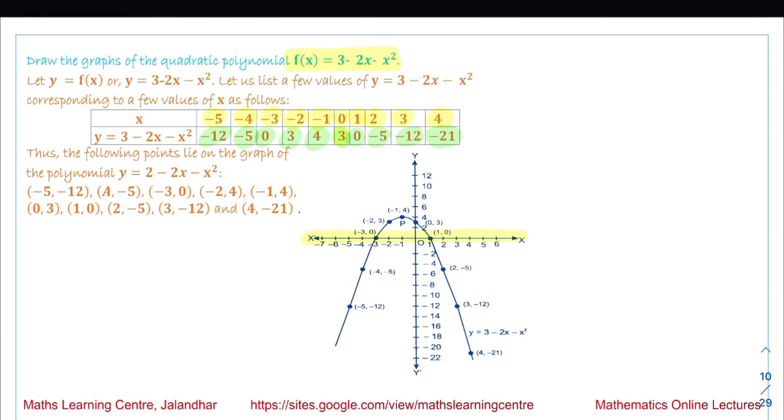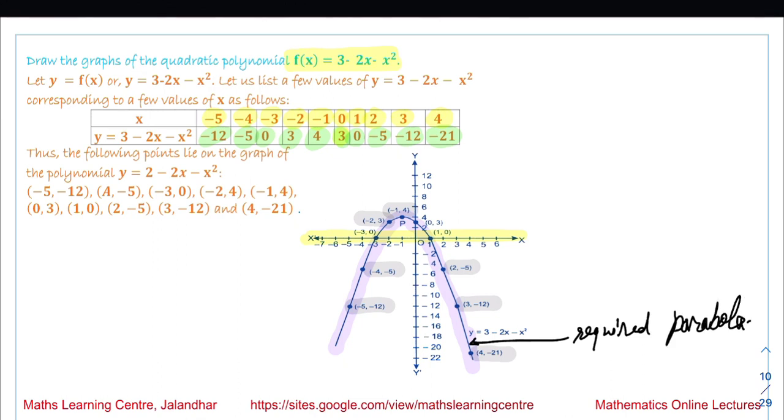We have plotted 4 comma minus 21, 3 comma minus 12, 2 comma minus 5, and likewise all the other points. When we join these points, we obtain this kind of shape. So this is the required parabola.